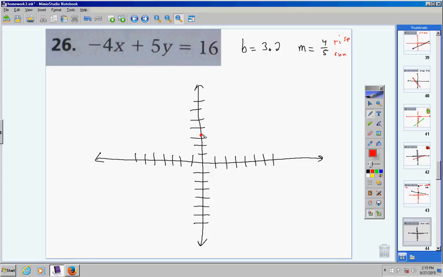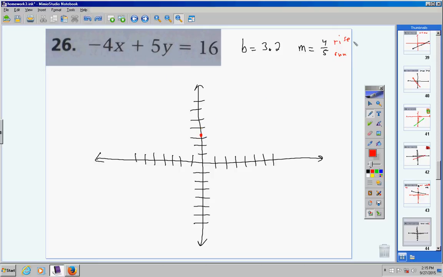When you rise 4, you do not go to here and then here and then here. You go up 1 whole segment. If I went from here to here, that wouldn't be a whole step. That would be 8/10 of a step.